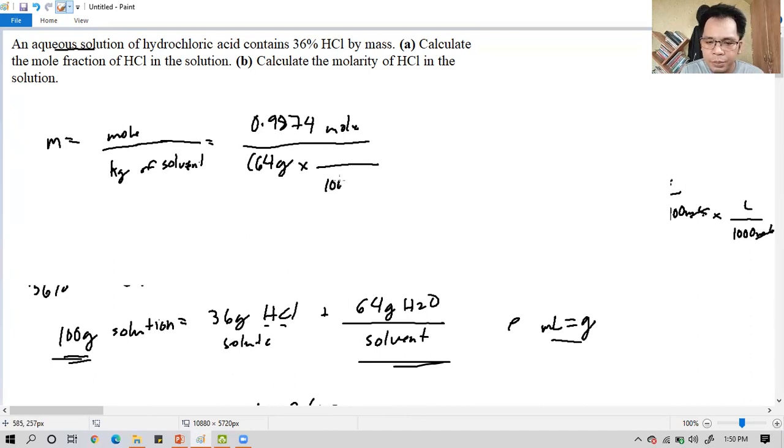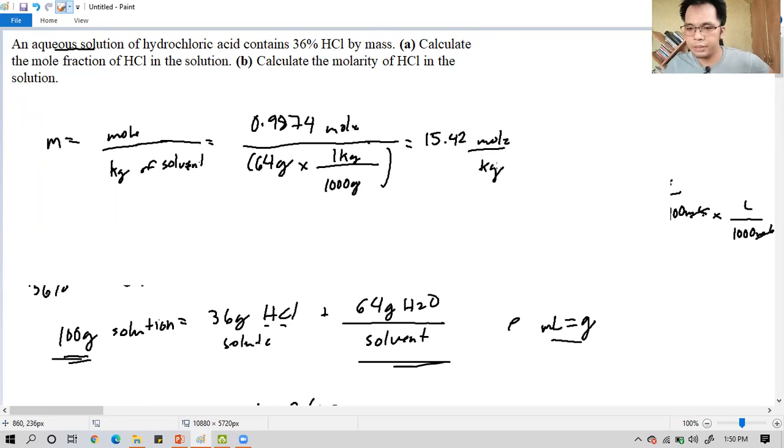So every 1,000 grams, there is 1 kilogram. So direct computation again. And our answer is 0.9874 over 0.064. And the answer is 15.42 moles per kilogram.